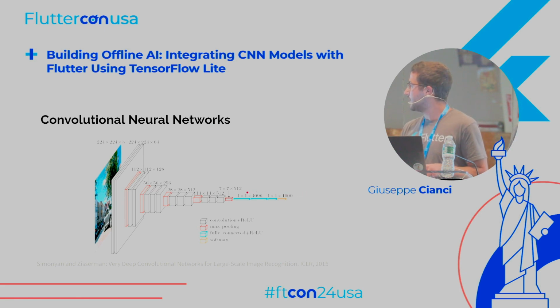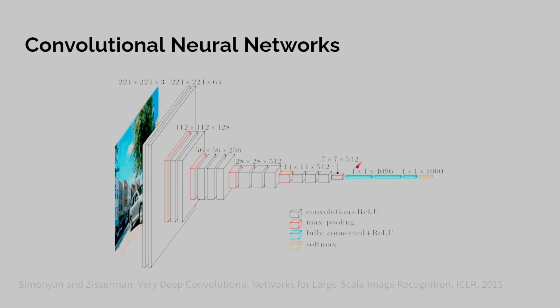And then this part in the end is the classification head, which takes these values, which are very abstract features which you can't really interpret, and then tries to basically draw a line between them to separate the classes you want to predict.